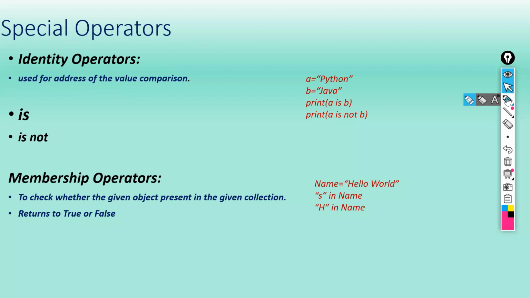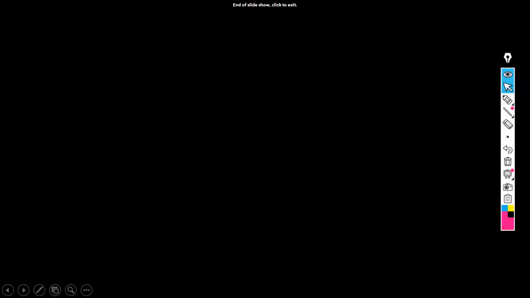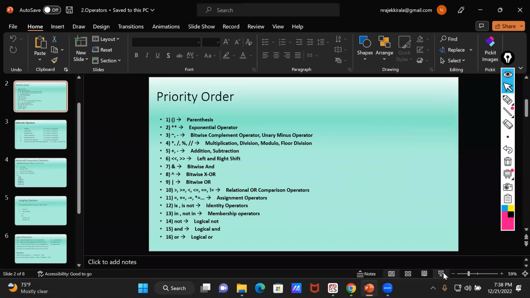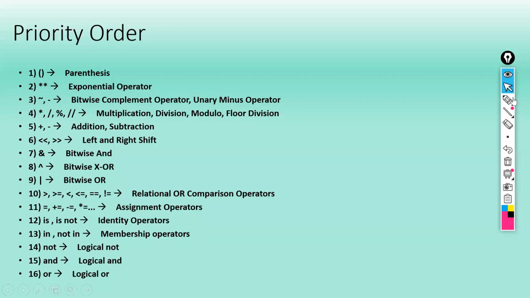Right. So if there are multiple operators in a single equation, what happens? I think the slide is missed now. Yeah, this is the priority order. If there is an equation like a plus b by 2 into 3 power exponent 2, how does Python calculate?